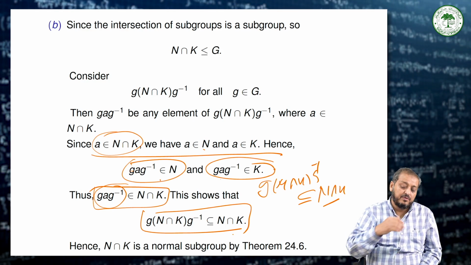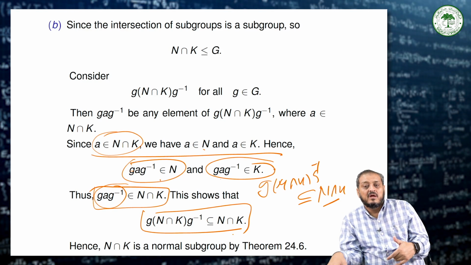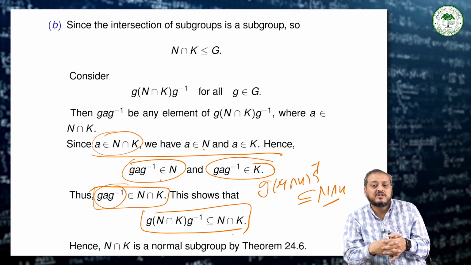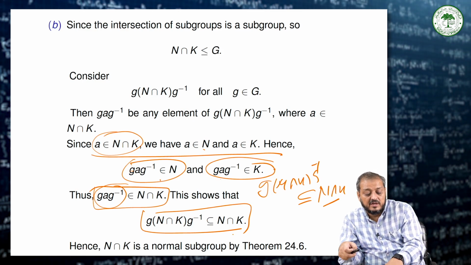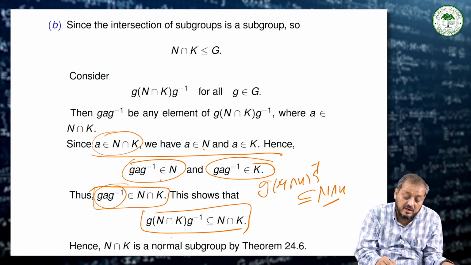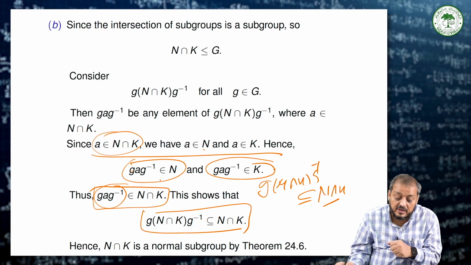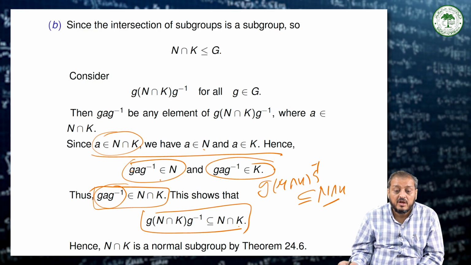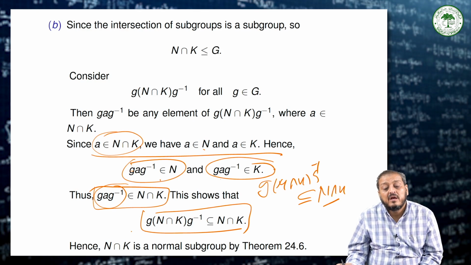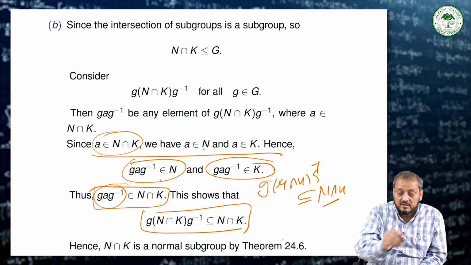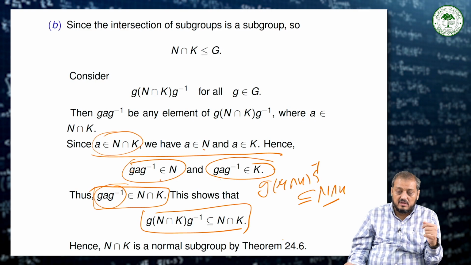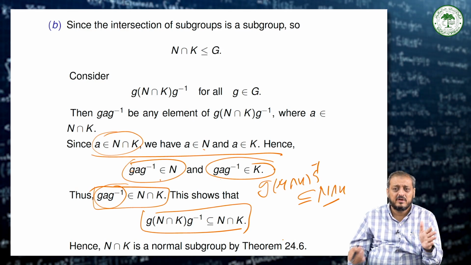The proof of this uses the four equivalent conditions. By these equivalent conditions, since g (N intersection K) g inverse is contained in N intersection K, we can simply say that N intersection K is a normal subgroup, by the equivalent conditions we proved in the first lecture on normal subgroups.